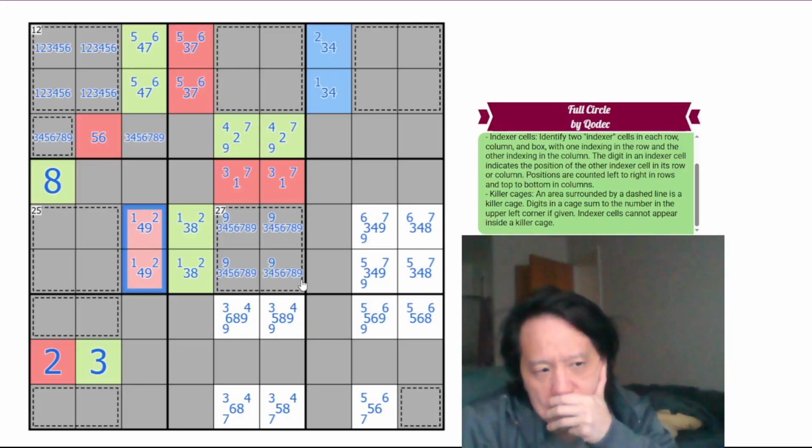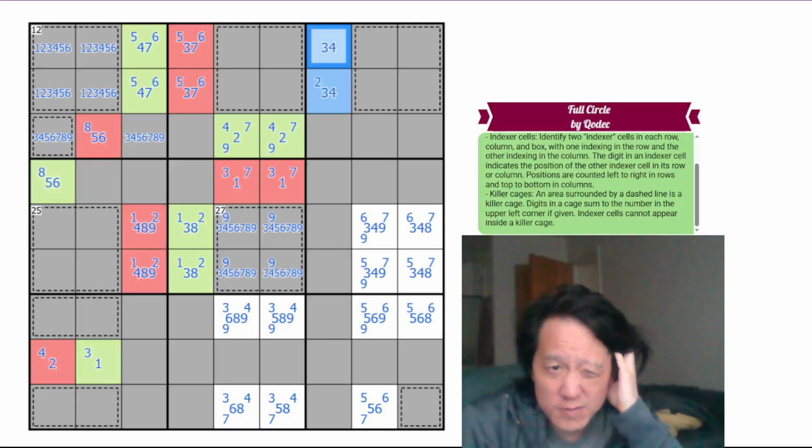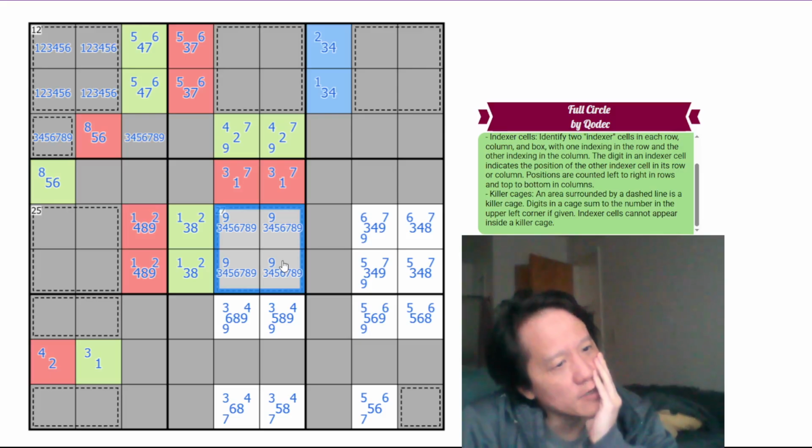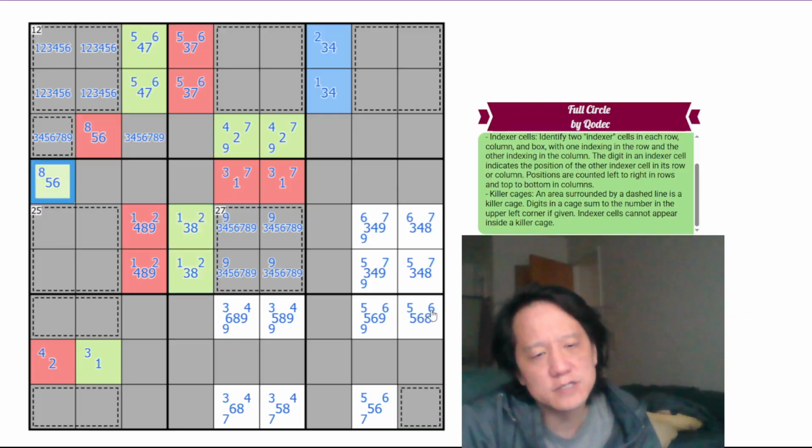Okay. That's actually very interesting. So if this is 3, 7, 8, 9, that means green cannot index row. They have to index column. So that would guarantee this was an 8.